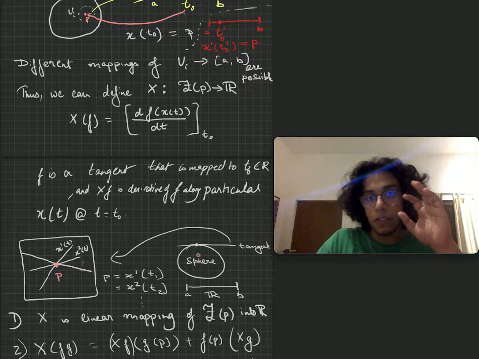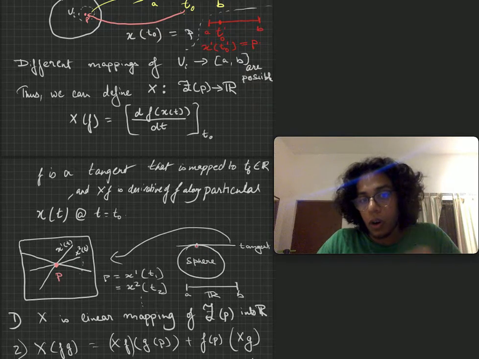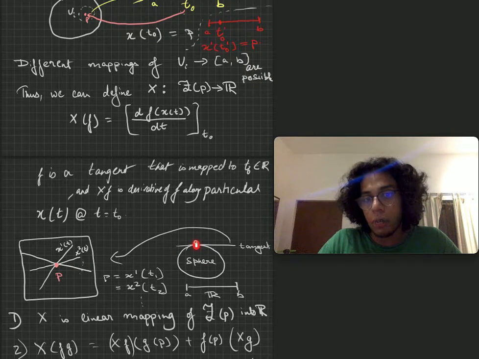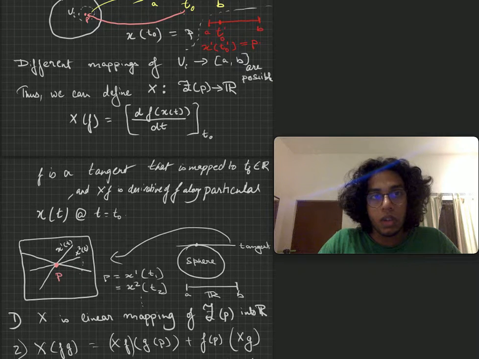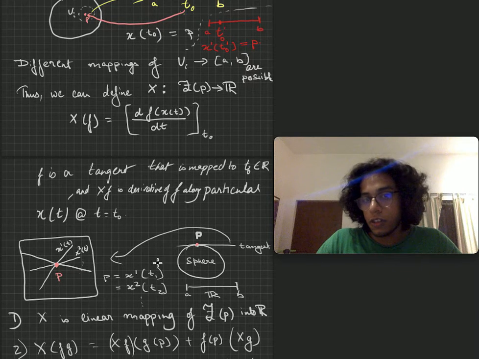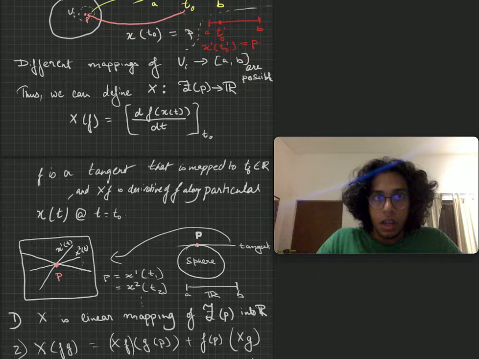Take the example of a sphere. Now draw, so this is a point P on the sphere, and you draw a tangent at P, right?